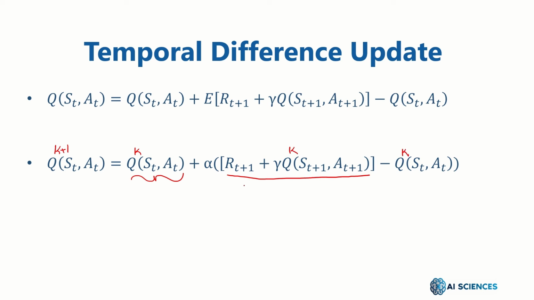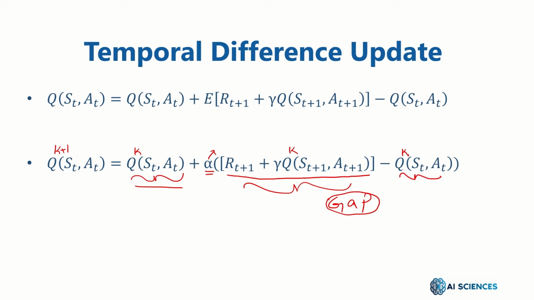And then you say, if this is my target I want to reach, and here at this position I'm standing, then this subtraction is giving a gap between the target and where I am standing. So what if I move alpha steps to rectify or to decrease this particular gap? I'm sitting here, I'm off by this factor, so let's compensate that factor by this term alpha, and this is called the temporal difference update. And this is particularly an iterative method.